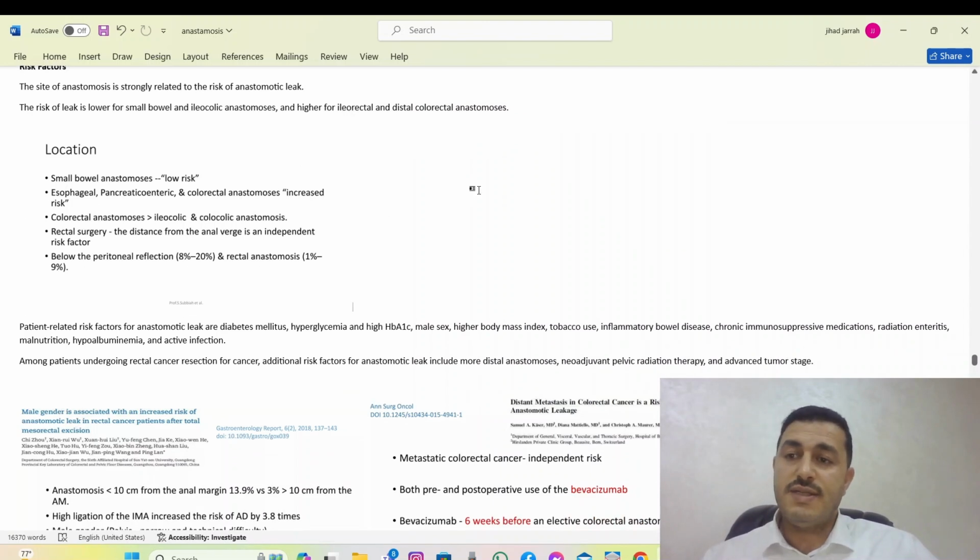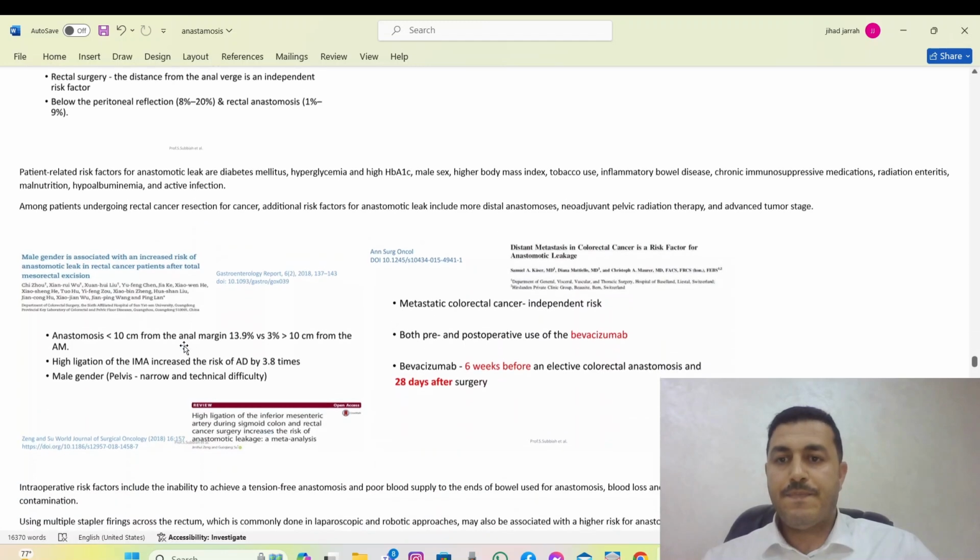This is a nice picture that shows small bowel anastomosis is low risk, esophageal and colorectal high risk. Colorectal, where rectal means higher risk than ileocolic or colocolic anastomosis. The more distal the anastomosis, the more risk of leak.